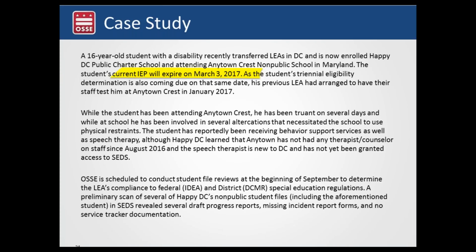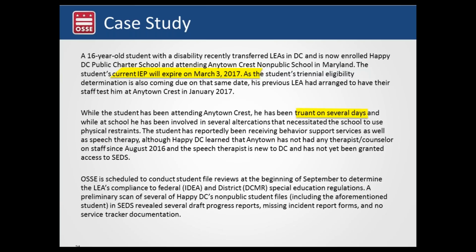One thing as the new LEA that we want to pay attention to is that the current IEP is going to expire and that the student's triennial evaluation also is becoming due, so the LEA and the non-public need to determine who is going to lead the convening of that meeting, who is going to be responsible, for example, for sending out the LOI to the parent or the adult student, and because the student is over 16, if the student does not already have a secondary transition plan in place, one will need to be created.